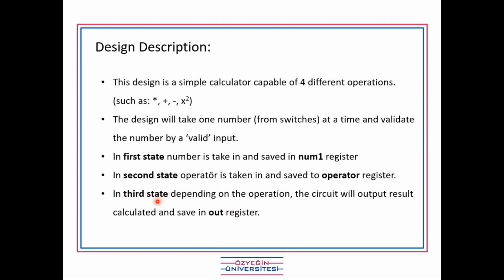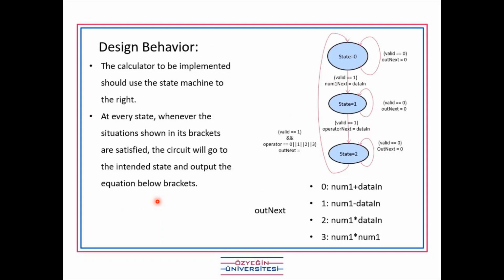Okay, let's do the state diagram. In the state diagram we see that we have 3 states, and these 3 states have different purposes. It jumps from one state to another based on valid. If valid is equal to 1, it jumps from one to another by doing some job. So let's say we are in state 0, and if valid is 0, then output next is 0.